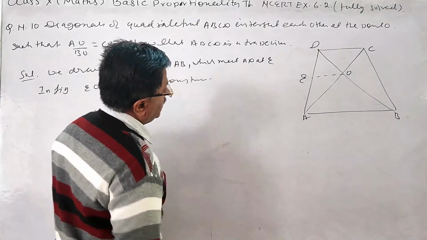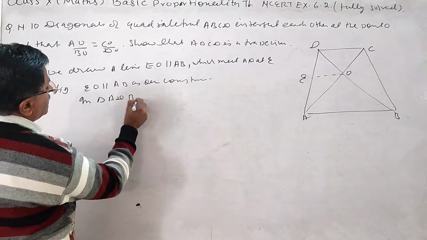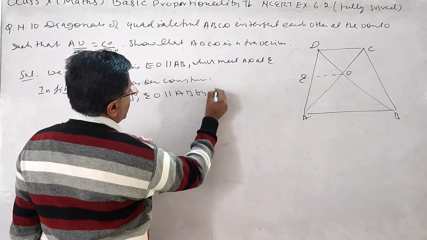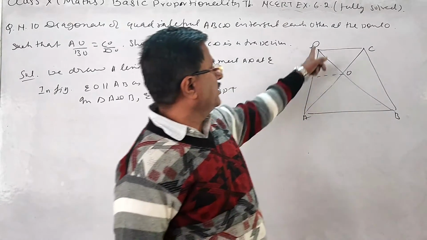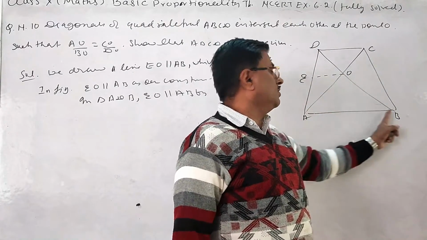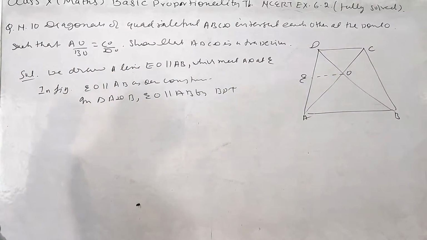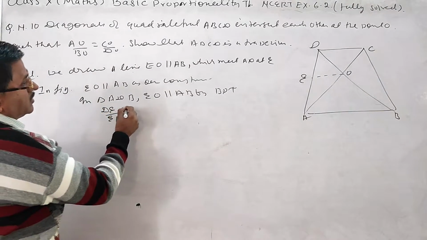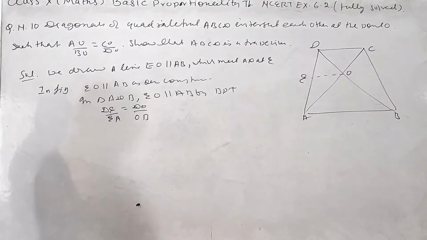So in triangle ADB, if EO is parallel to AB, then by the basic proportionality theorem, dear student, in the triangle ADB, EO parallel to AB. So what says the basic proportionality theorem, that is DE upon EA is equal to DO upon OB, right?